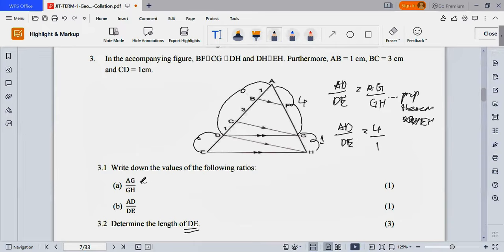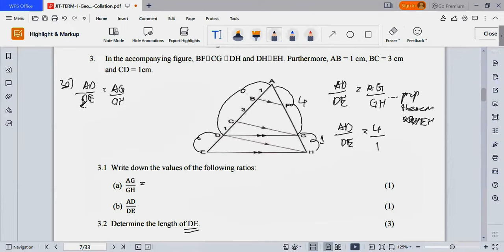So to determine the length of DE, we can simply say, using the same ratio that we got from the previous question, so 3.2, AD over DE is equal to AG over GH.